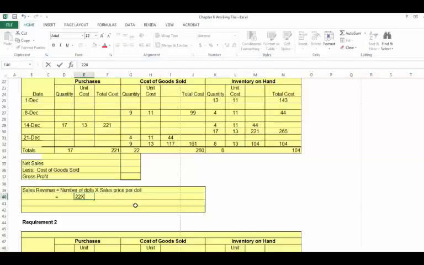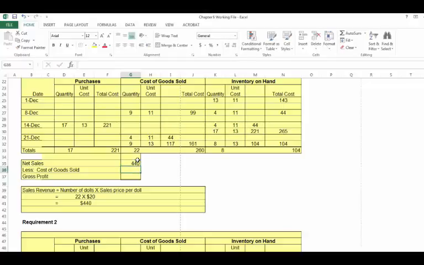So 22 times $20 gives us our total sales revenue, which is $440. So $440 is my sales.